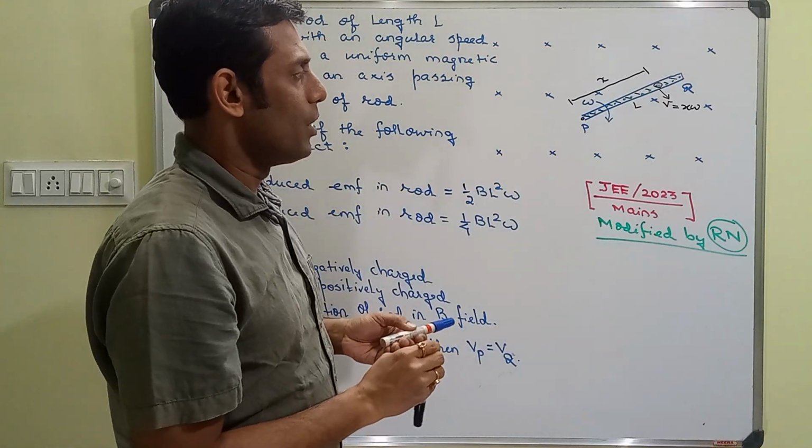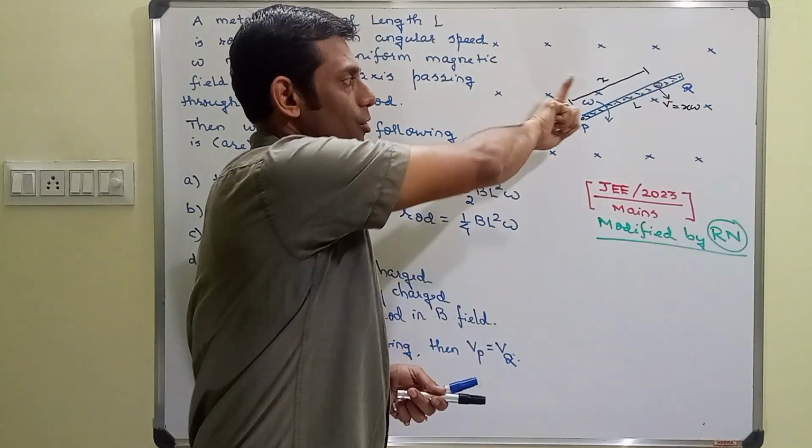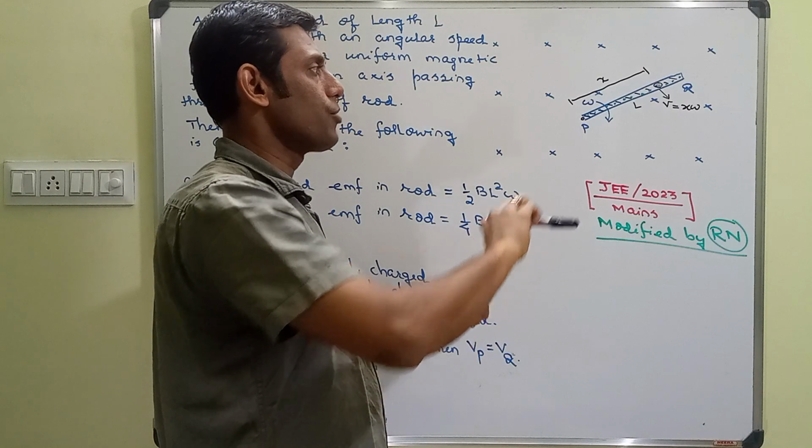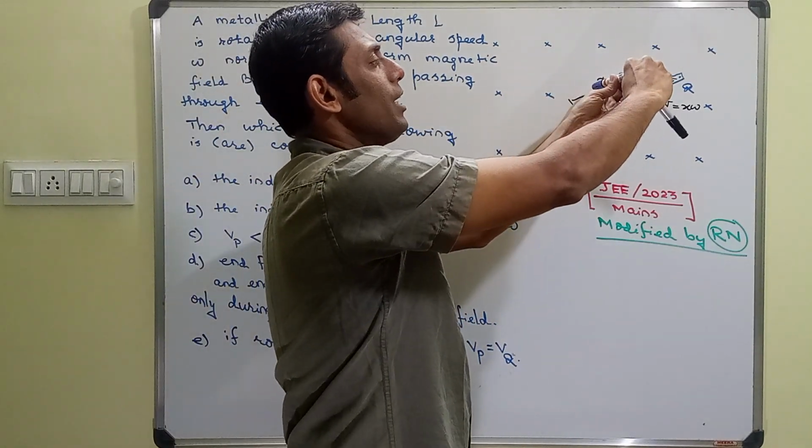How do we see this? The magnetic field is into the page and the rod is rotating like this. That means the velocity of the electron is like this and the magnetic field is like this.